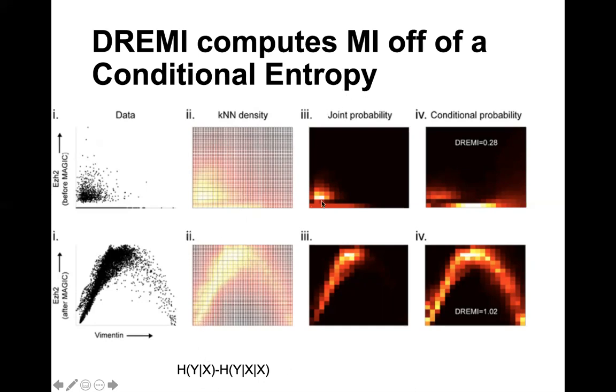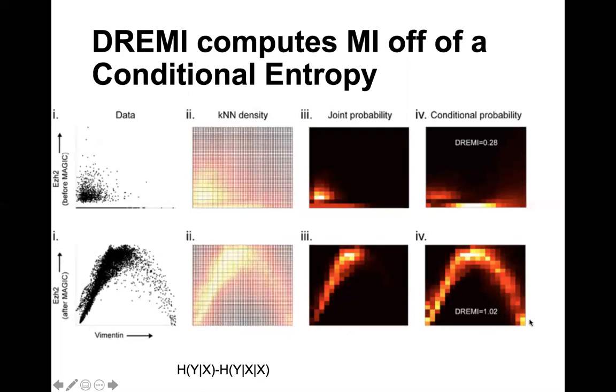And then the joint probability is just the probability of cells falling into any of these bins. This is called the joint probability. Usually when people compute mutual information, they go off this joint probability. So these are the bins that I talked to you about. You've got the probability in the bins and you apply the formula. But this kind of thing makes you really ignore these sparse areas.